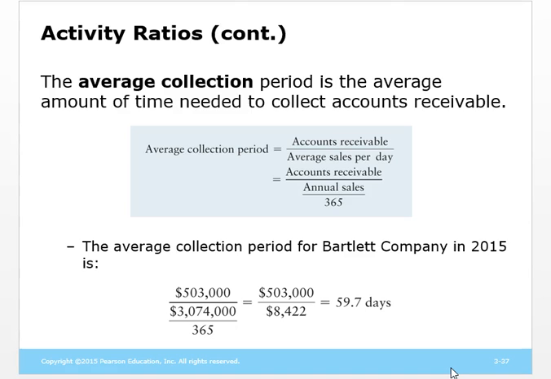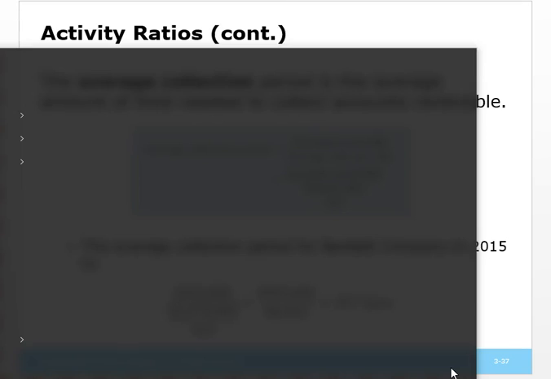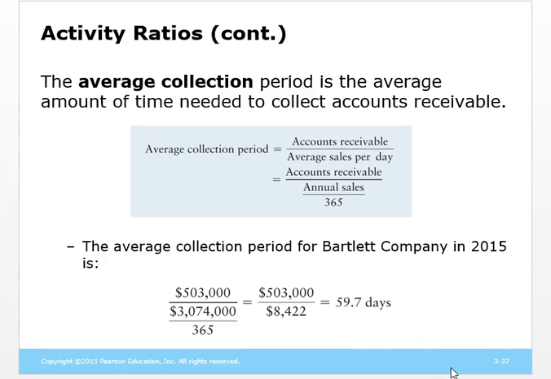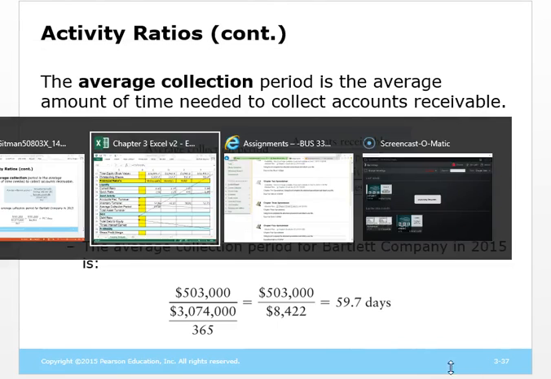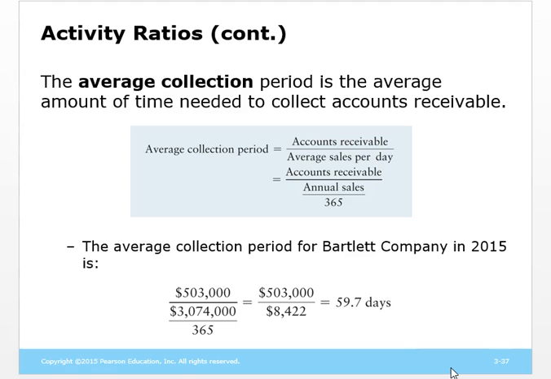So here I got 12.10 days. That means it took McDonald's 12.10 days to collect any money on account. That is really fast.